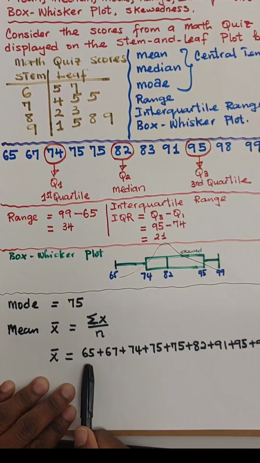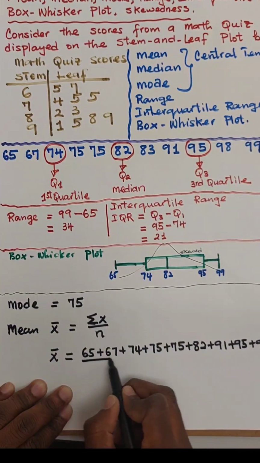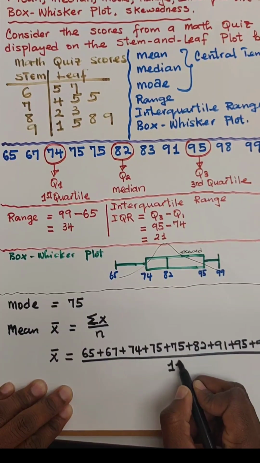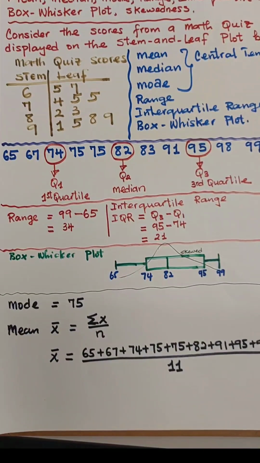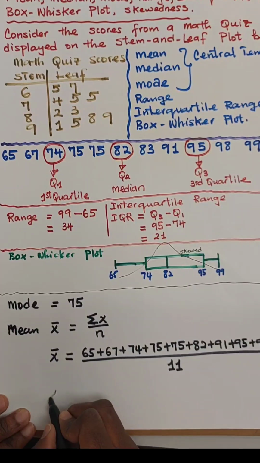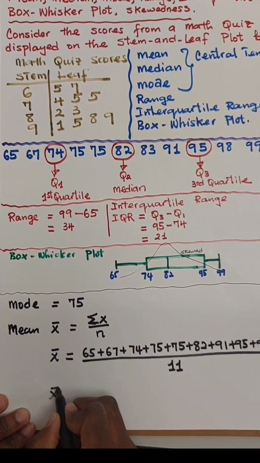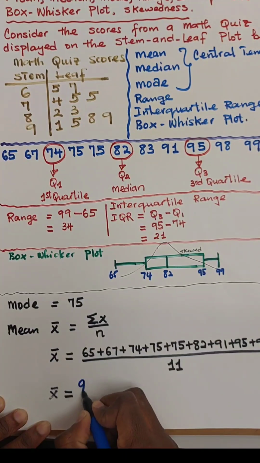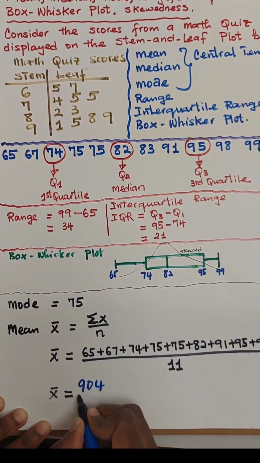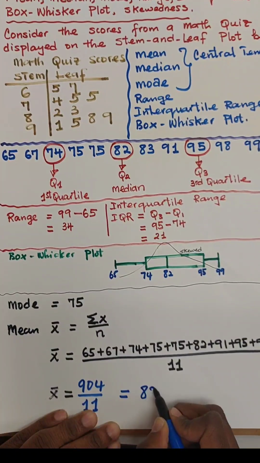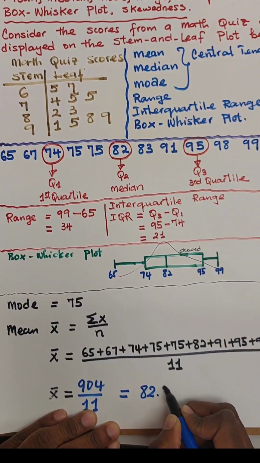We add all these 11 scores and divide by 11. 11 is the number of scores that we have. So it will require some calculator work, and the mean will be 904 divided by 11, 82.2.